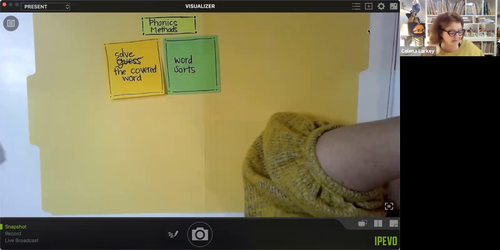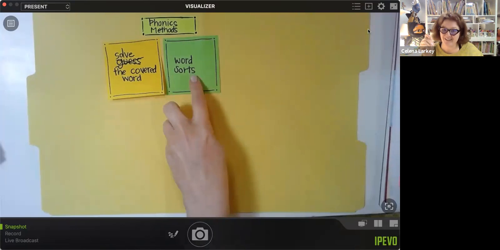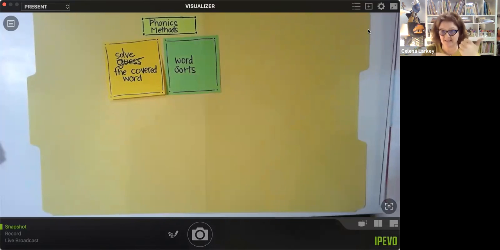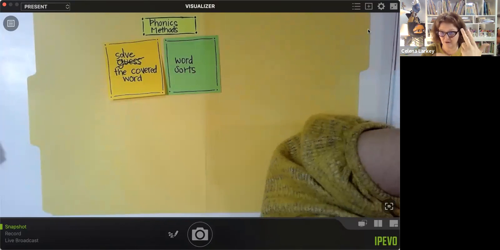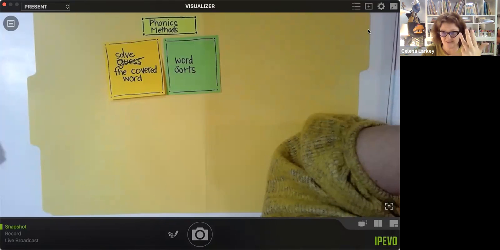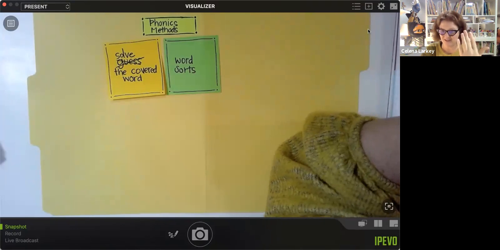And the truth is, a word sort, not just in early literacy, but across literacy, when we sort, we need to see the word, say the word, hear the word, and check with someone else that they are hearing the word as we sort.